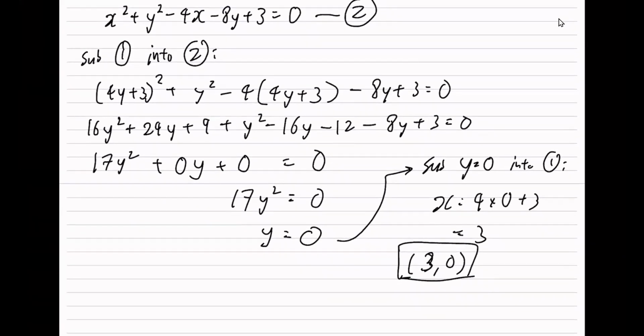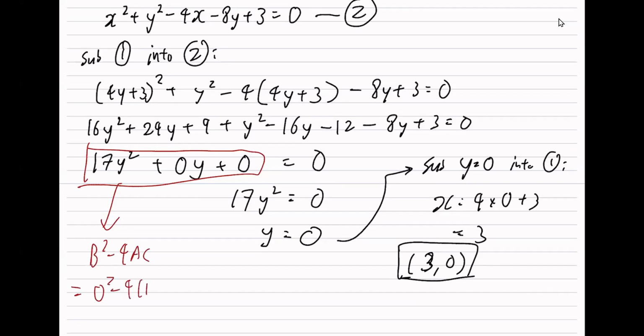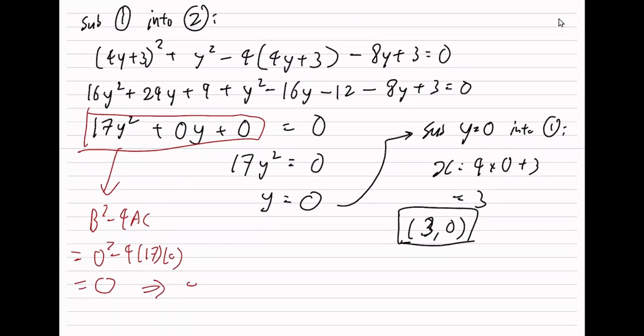Okay, so it means that once we get this, we can actually show that it is a tangent by using b squared minus 4ac. In this case, it's 0 squared minus 4 times 17 times 0, which is equal to 0. So since it is equal to 0, therefore we conclude it is tangent.